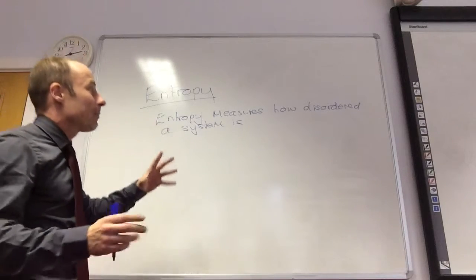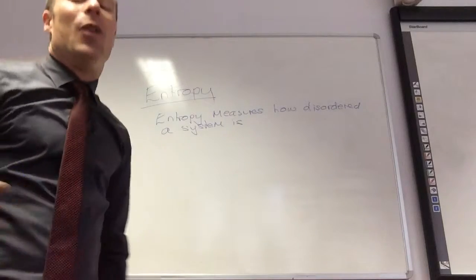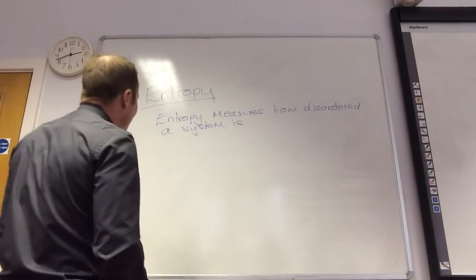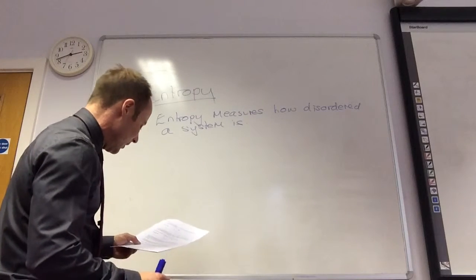In order to make this make sense, we're going to put some figures up so that you can see what these actually mean. So this is called the second law of thermodynamics.